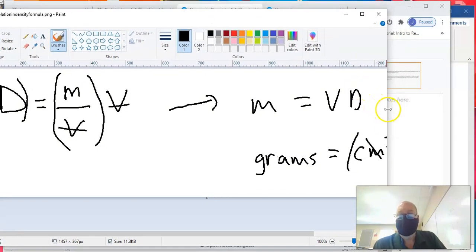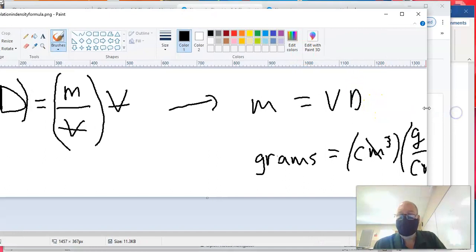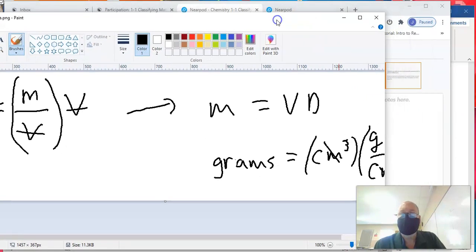And I can show that the units do the same thing here. If mass is in grams, volume is in cubic centimeters, and density is grams per cubic centimeter, and I multiply volume times density, the cubic centimeters cancel out and just leave me with grams equals grams, which is what we want.